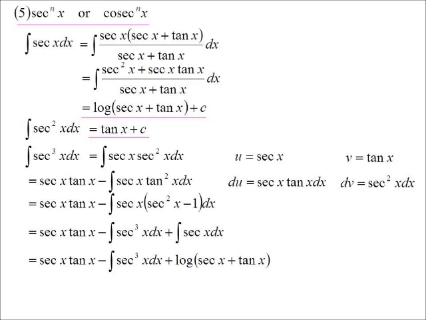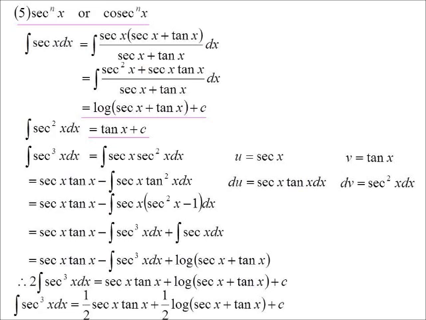So now I think of it like an equation: the integral of sec cubed is equal to sec tan minus the integral of sec cubed plus sec. So therefore 2 lots of sec cubed is sec tan plus the log of sec plus tan, and so sec cubed is half of all that.